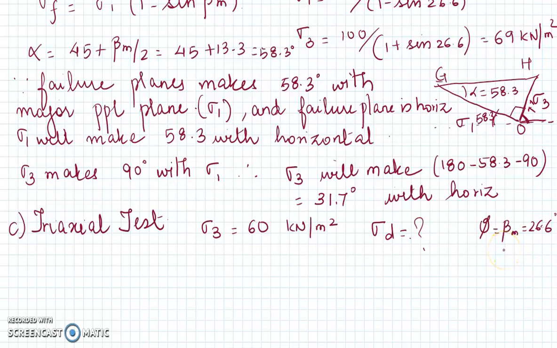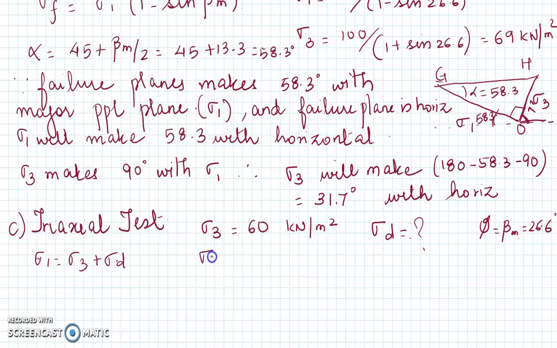Now, to get sigma D, what is the equation? Sigma 1 is equal to sigma D plus sigma 3, correct? So in that case, I will need to find sigma 1. How do I get sigma 1? I know beta, I know sigma 3. Do you have an equation between sigma 1 and sigma 3 in terms of beta m?